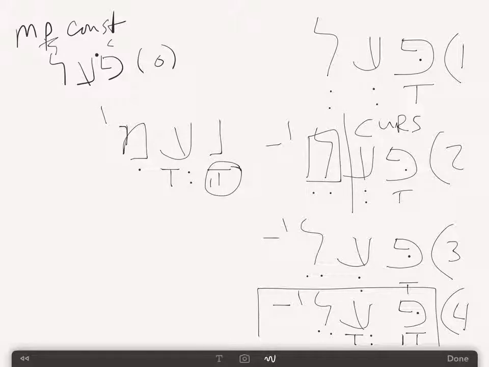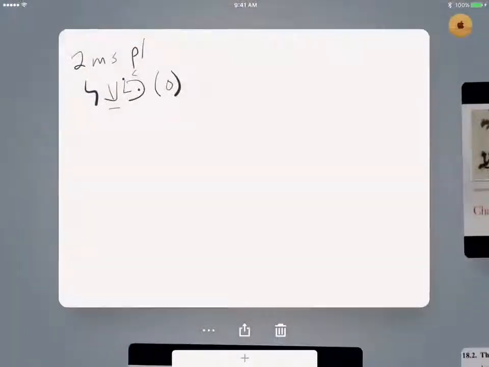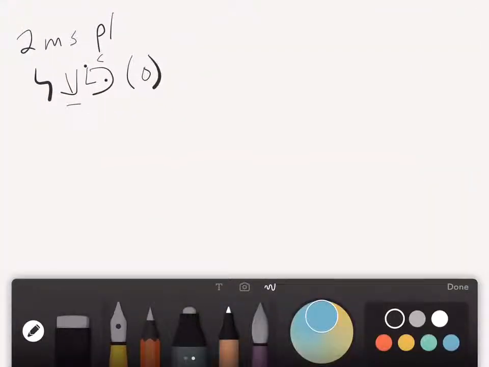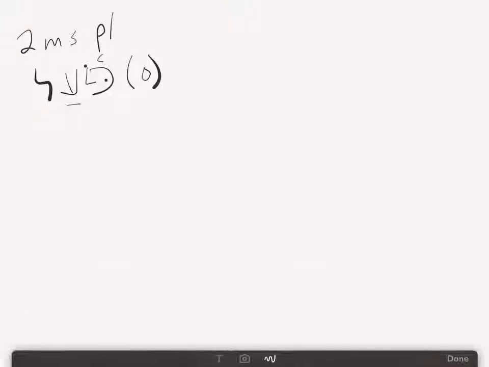That metheg tells us this is a vocal schwa, which we know, but nonetheless, there it is consistently. And then this would be a kametz hatuf, a standard O-class seglet. So anyway, there's a fun one. I believe that's all that I want to say on that one. Watch out for that metheg on those O-class seglets.